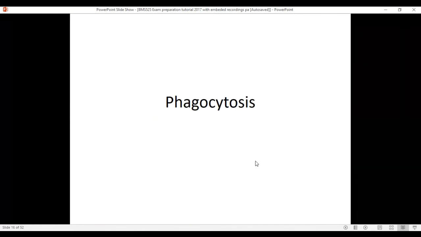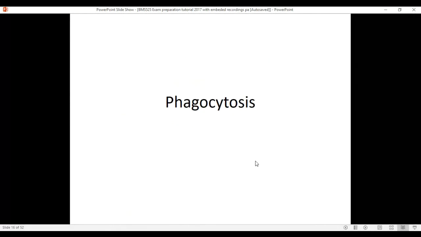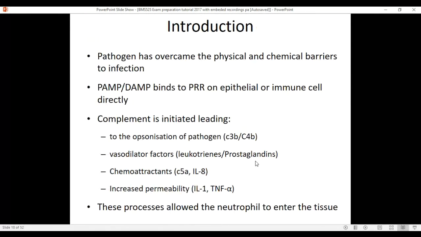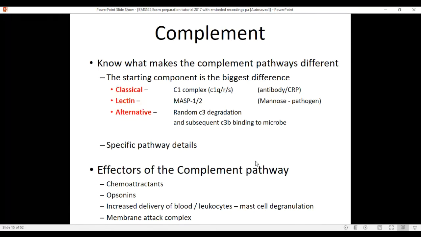Okay, so that's complement. Now, the other thing to consider is once you've done the main content, the next thing you need to discuss is the importance of complement in health. And one way to discuss that is to relate how defective complement can enhance the risk or severity of disease. Okay? And this is where your reading outside the notes comes in. It is present in the notes, but you can also read around it.